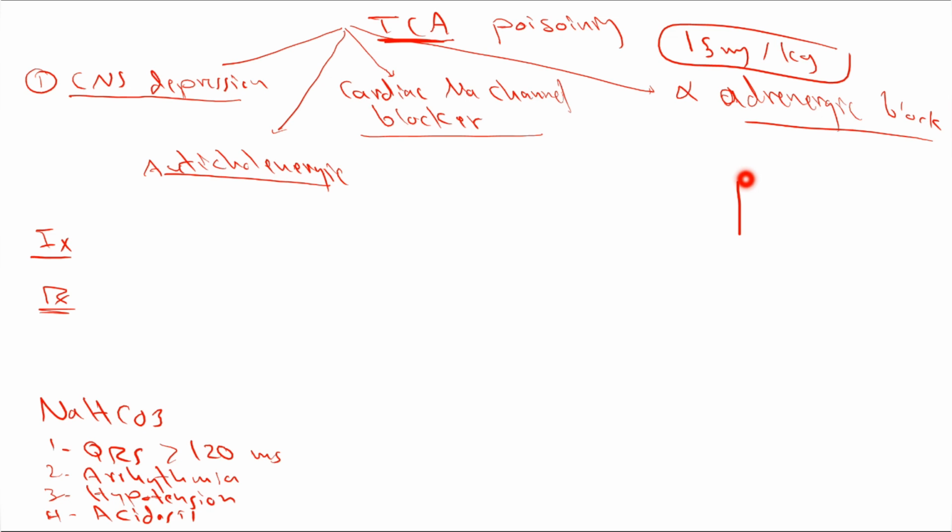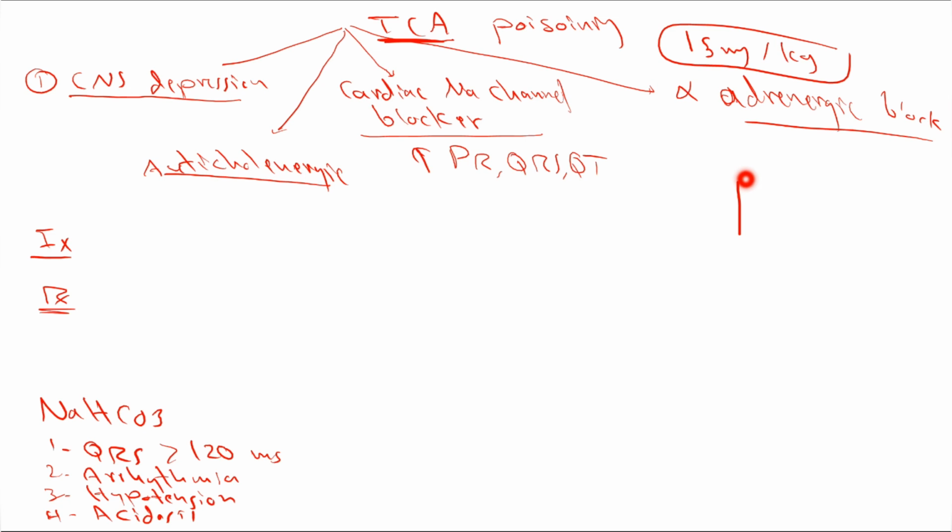Anticholinergic effects like urinary retention, dilated pupil, increase in temperature, confusion. So the anticholinergic toxic syndrome that we talked about. Cardiac sodium channel blockade may lead to prolongation of the PR interval, the QRS, and the QT interval.